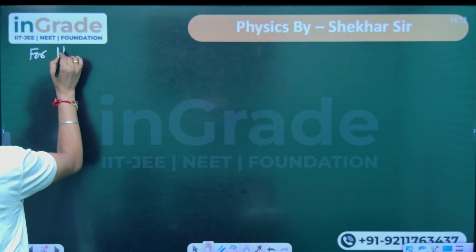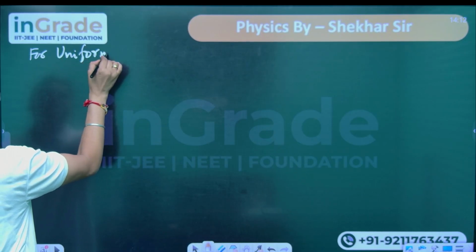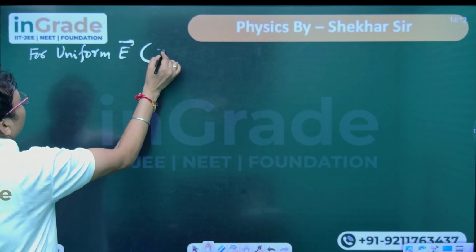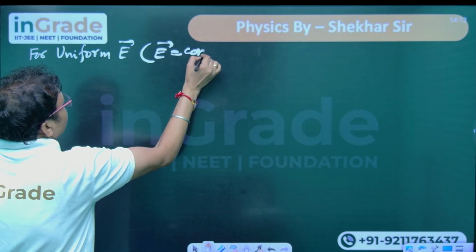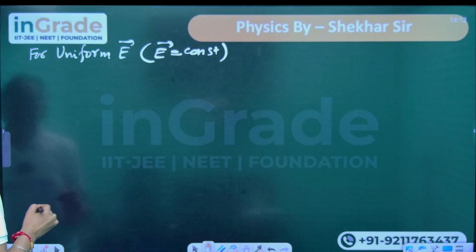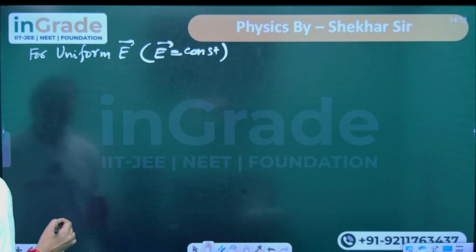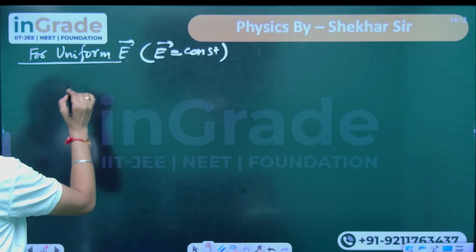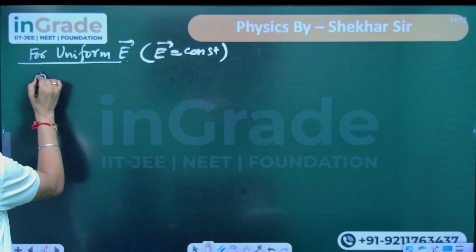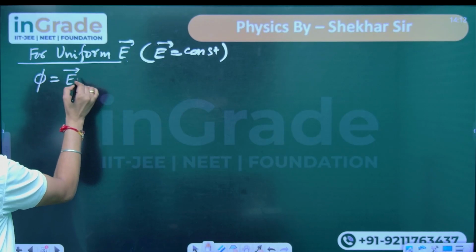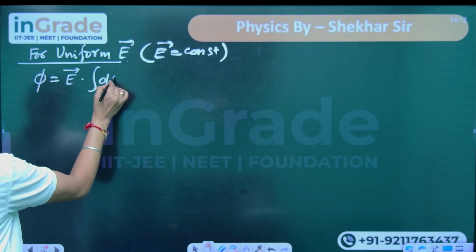Now, if the electric field is uniform, or we can say when the electric field is constant, then phi is equal to E dot integration of dA.